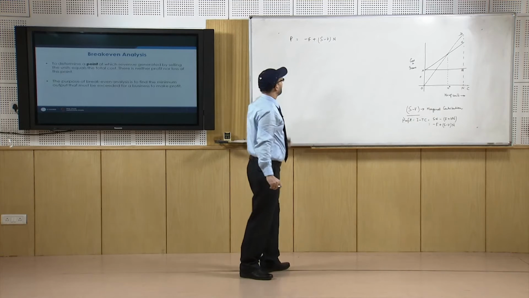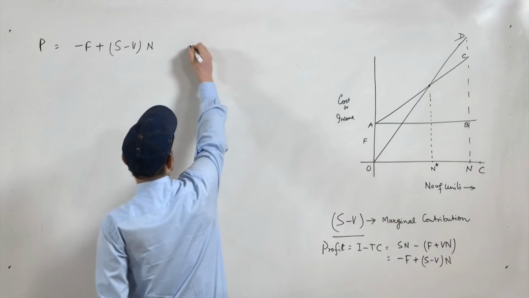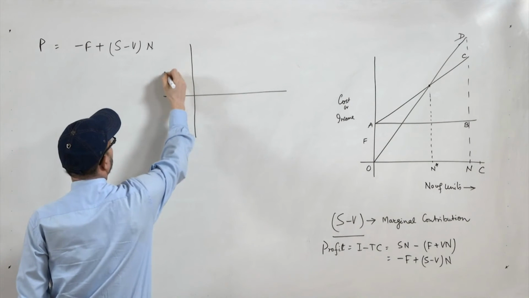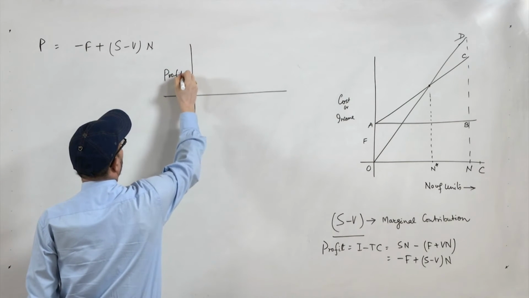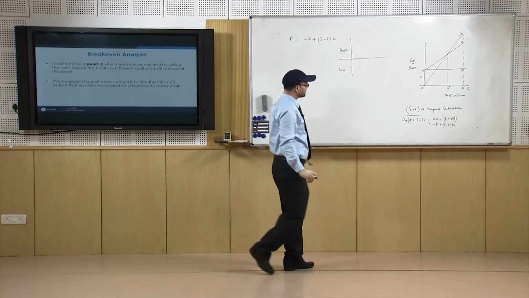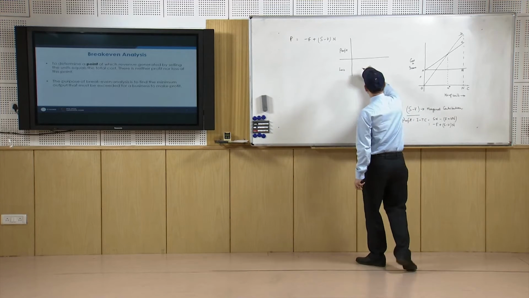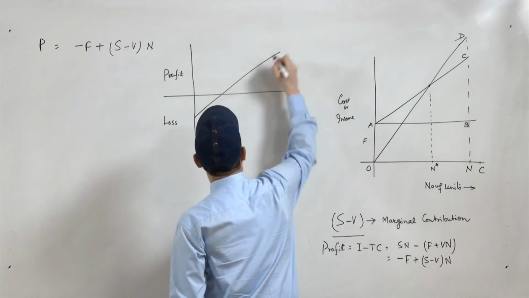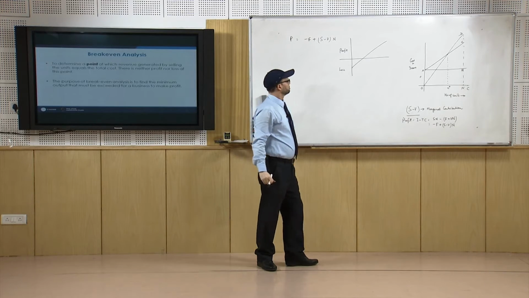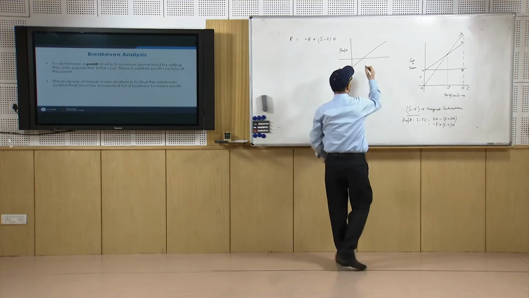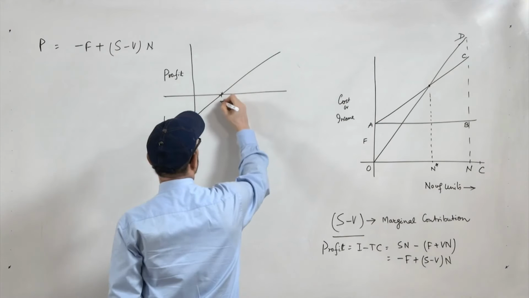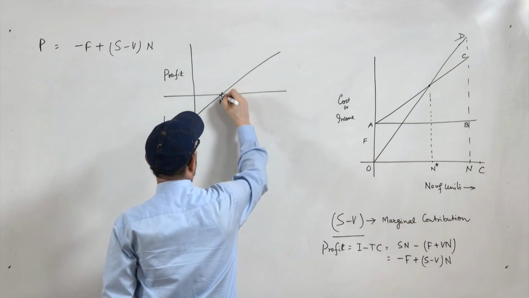So, this is the equation of a straight line, and if we draw this line, if this is profit and this is loss, this line can be represented by this, and at this point profit is 0, and that is why this point corresponds to n star.